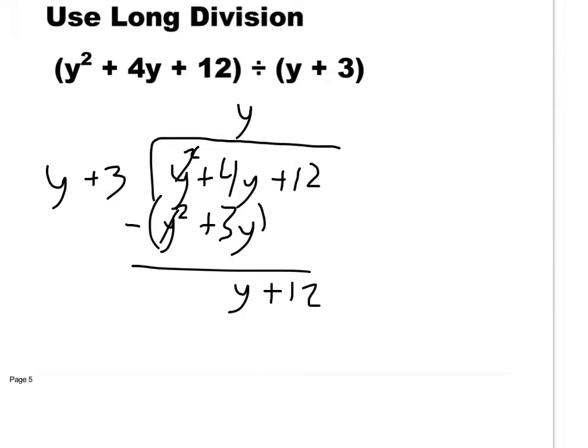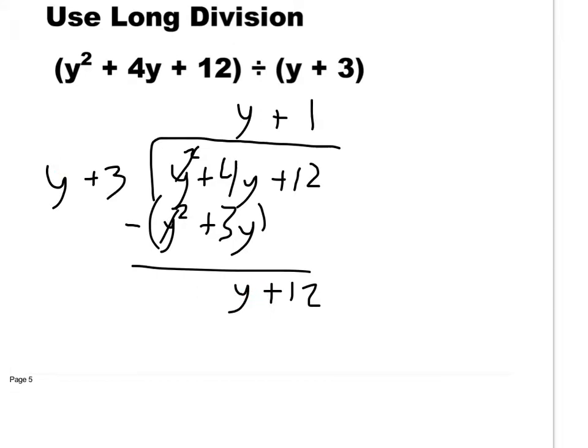I've got y plus 12. So what could I add to y plus 3 to get y plus 12? 3. Now remember, what you're really doing is trying to get rid of the first term. I have y squared, so I had to times this by y to get rid of that term. So now I've got to get rid of y. Could I times anything by y if all I need is y?